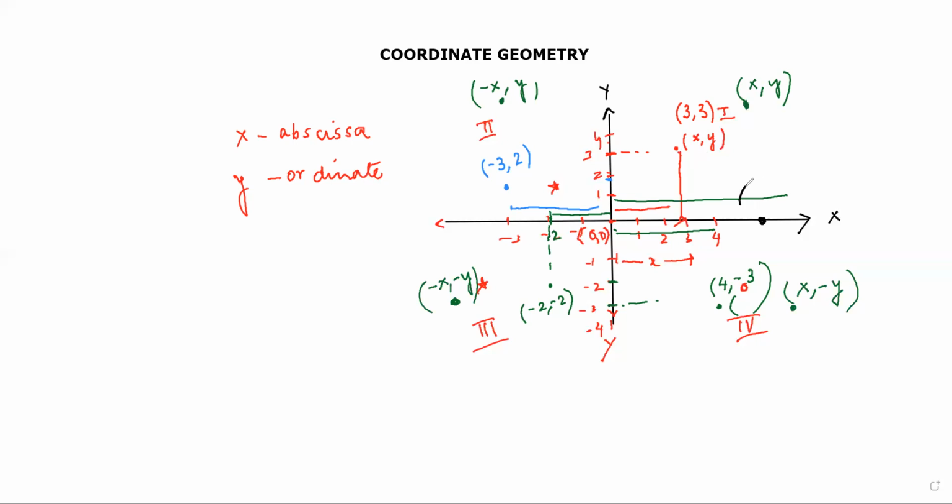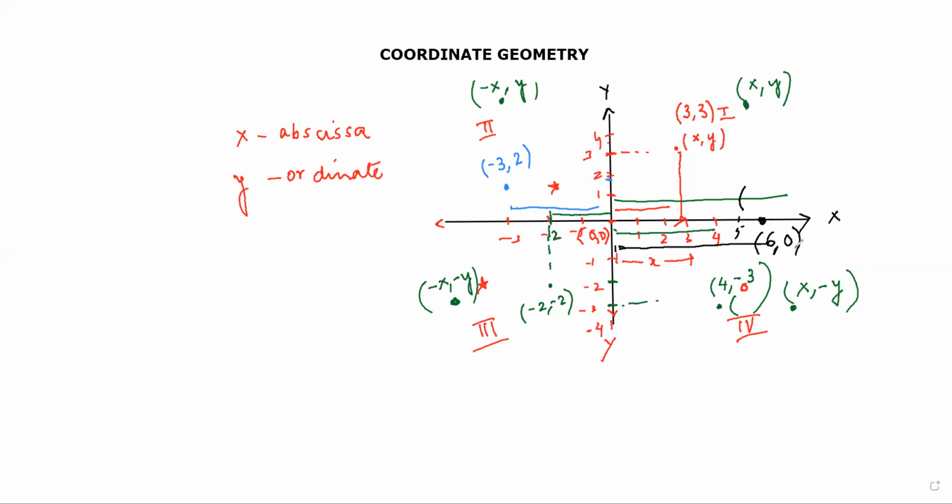First, let me write down the x-coordinate. How far is it on the x-axis? Maybe this is 5 and this is 6. So I will write 6, comma. How far is it on the y-axis? It is not away from the x-axis, so hence y is 0.